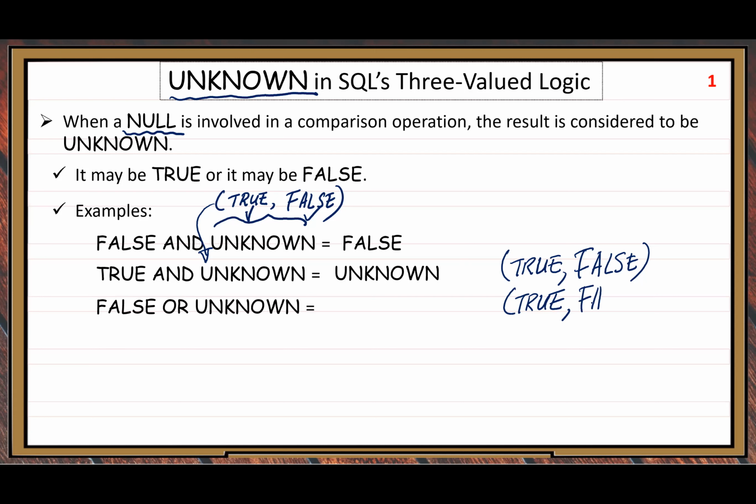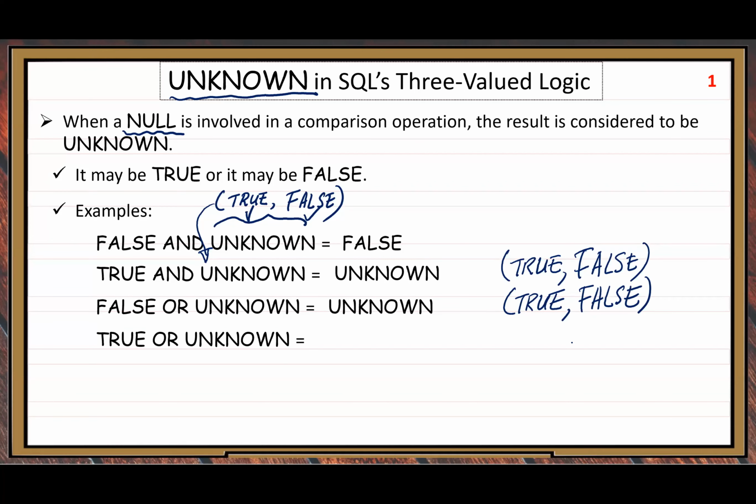That's false. So here you can see you have both values, true and false. Then that must be unknown. That's the way you find the value for your Boolean expression with unknown involved.